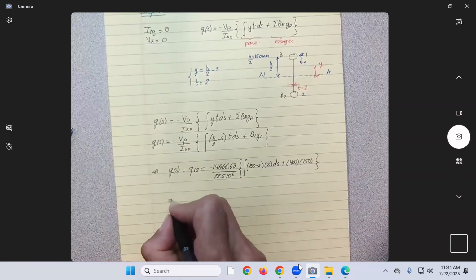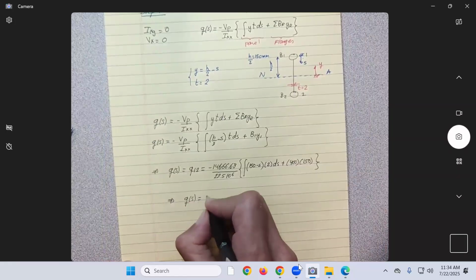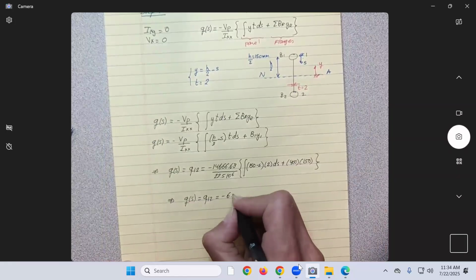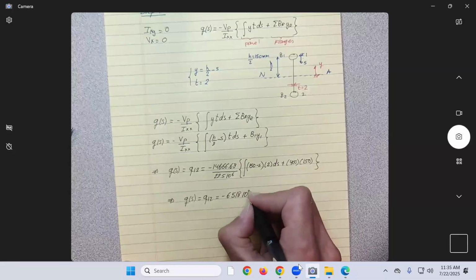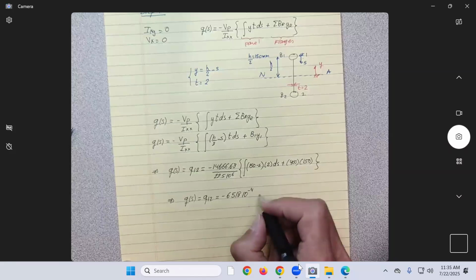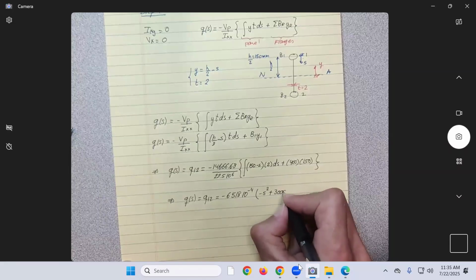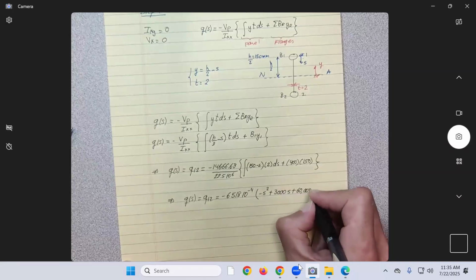If you do this calculation, you get Qs equal Q12 equal to minus 6.518 10 to the minus 4 times minus S squared plus 3000 S plus 60,000.